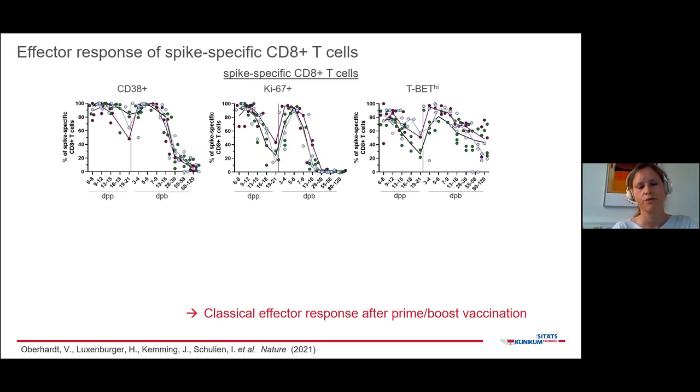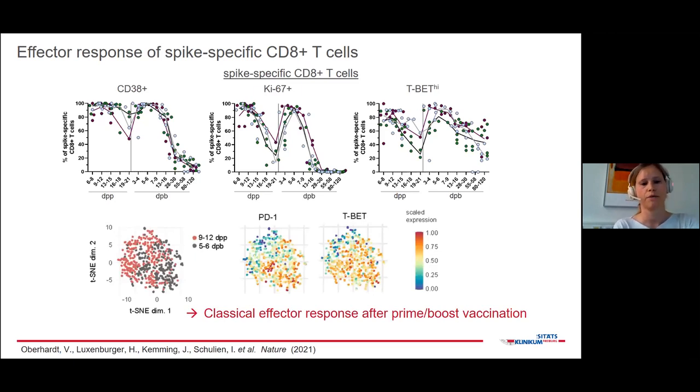And for this, we compared the phenotypic characteristics of these cells at peak expansion after prime vaccination and peak expansion after boost vaccination, and performed high dimensional analysis and could see that there are clear differences in the effector cells generated after the prime vaccination and after the boost vaccination, with increased expression of effector markers after the boost vaccination. So we have a boosted effector response after the second dose vaccination.